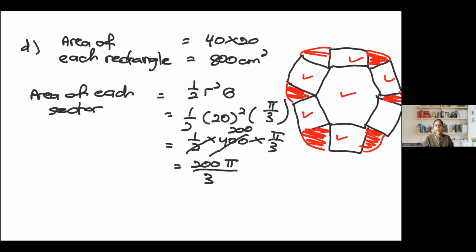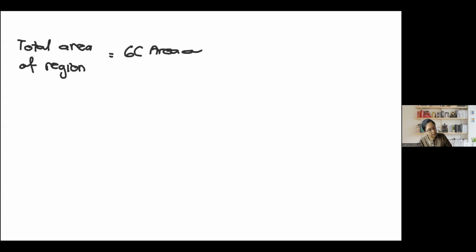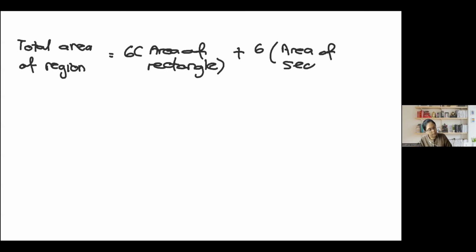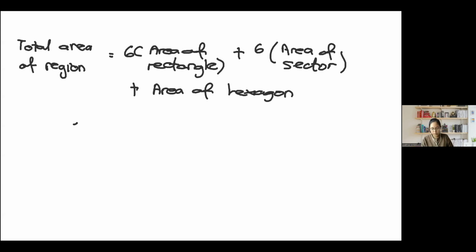So what we're going to do is add them up together. Total area of the region equals 6 times the area of a rectangle, plus 6 times the area of a sector, plus the area of the hexagon. Now we substitute the values in.